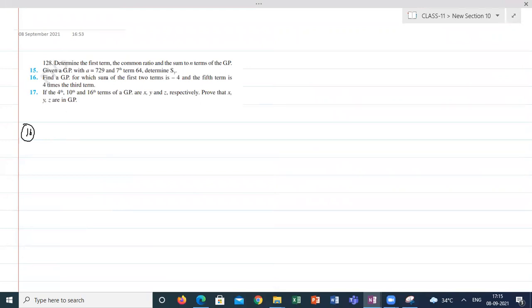Find a GP for which the sum of the first two terms is minus 4. S2 is equal to minus 4, which is equal to A into 1 minus R square divided by 1 minus R. The other data given: the fifth term is 4 times the third term. A5 is equal to 4 times A3.